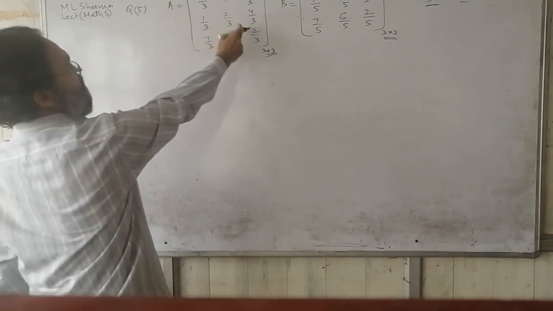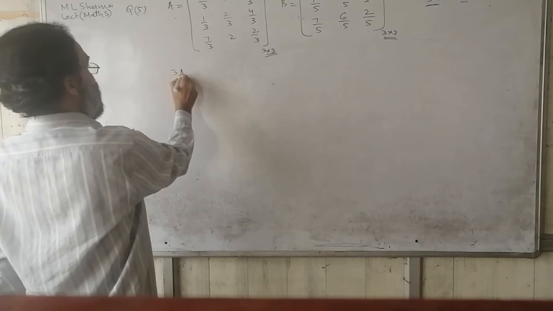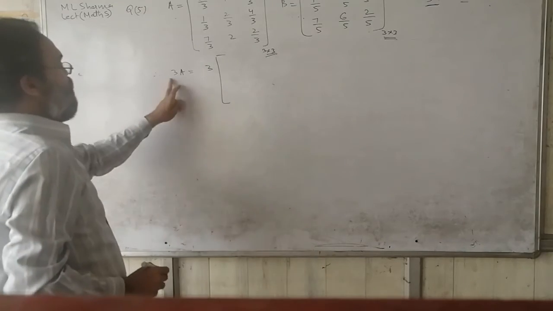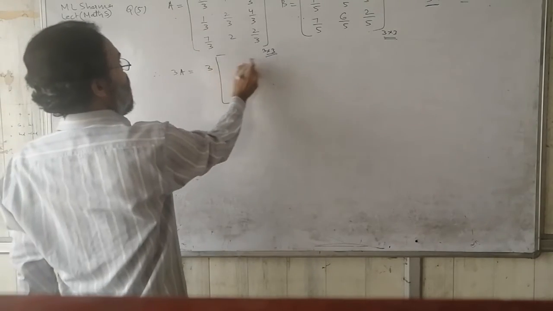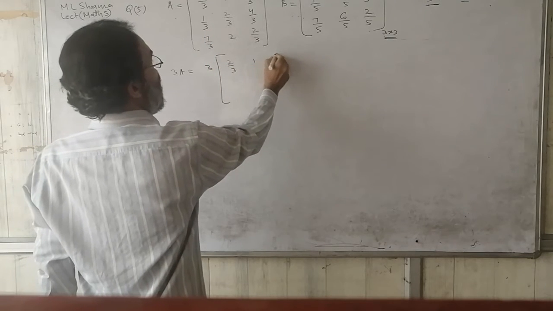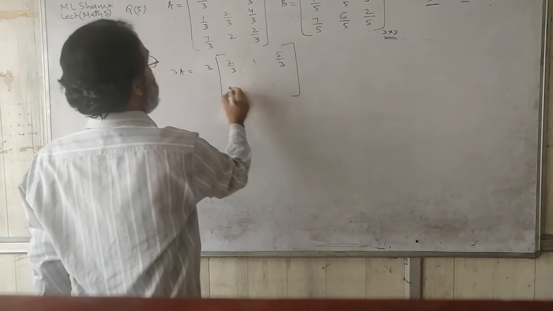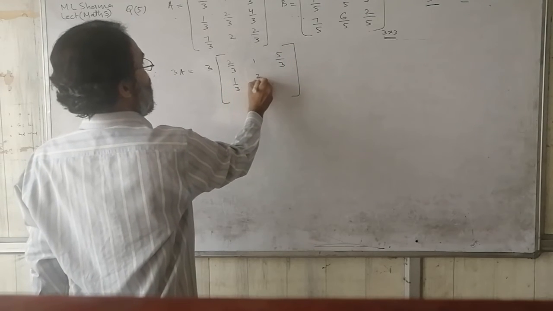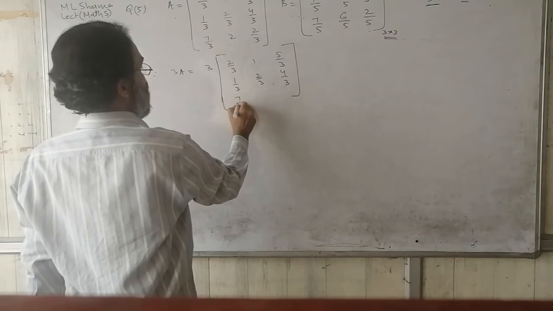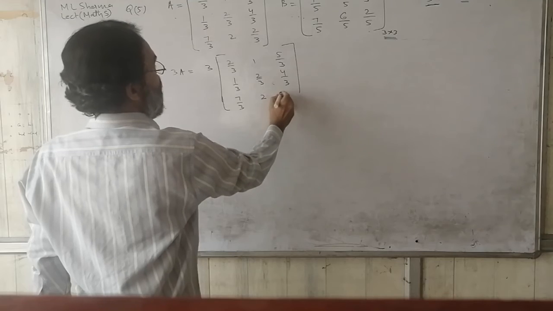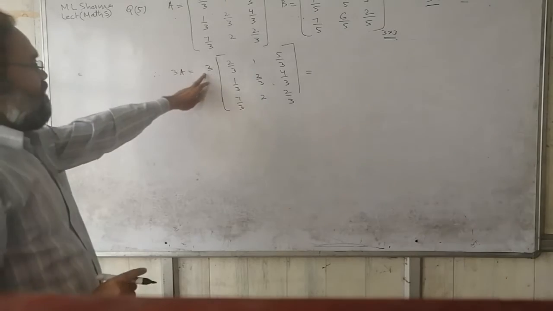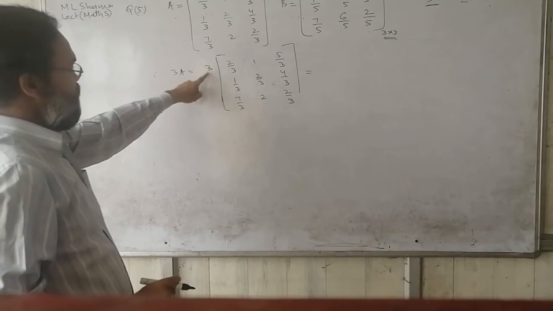So if A is this matrix, 3A will be equal to 3 times, where 3 is the scalar, the matrix 2/3, 1, 5/3, first two elements, 1/3, 2/3, 4/3. I can write this as multiplying all the elements by 3.